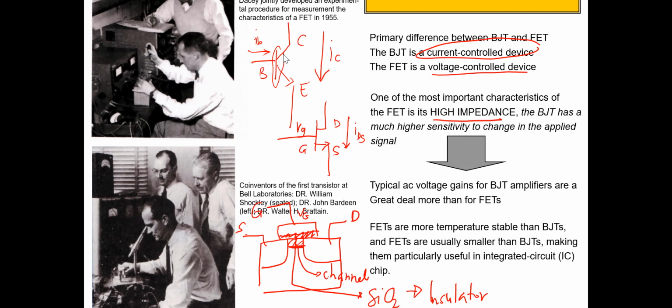So you can choose this trade-off. And then FET is more temperature stable than the BJT, and the FET is usually smaller than BJT. So in amplifier IC design, the FET is more popular to be used than the BJT. These are some differences between the BJT and the FET.